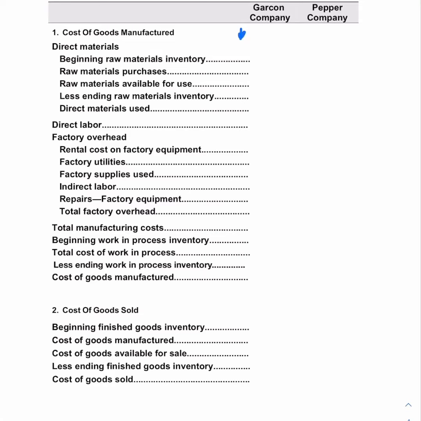So the very first thing we want to look at here is direct materials. So beginning raw materials inventory was $7,250, and that was given. Next, we had raw material purchases, which was $33,000, which was also given. Next, we need to calculate what is called raw materials available for use, which is just the sum of those two items.